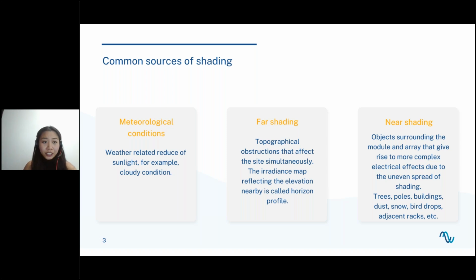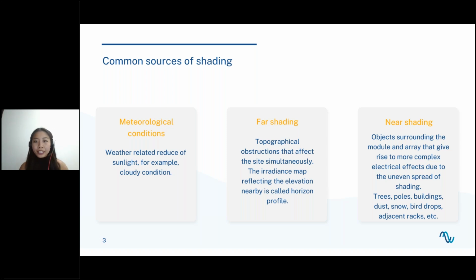And sunny conditions, obviously, are more preferable than a cloudy day or gloomy weather. Next, we have the far shadings. The far shading influences the site as a whole simultaneously. And this is caused by hills or mountains. And this can be observed by the hours the site is shaded or not shaded throughout the day.